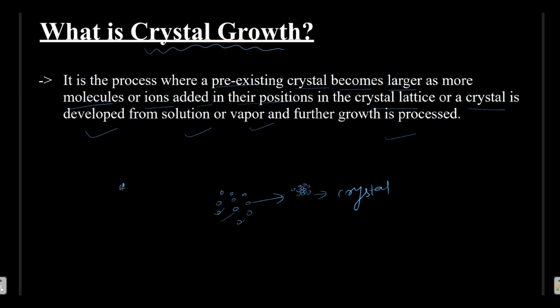According to the definition, a pre-existing crystal will be there, and other molecules or ions from vapor or solution come there, and they take their respective crystal lattice points. Then the size of it will keep on growing, and a crystal will be formed, and that is processed further. That's called crystal growth. Now let's move forward.